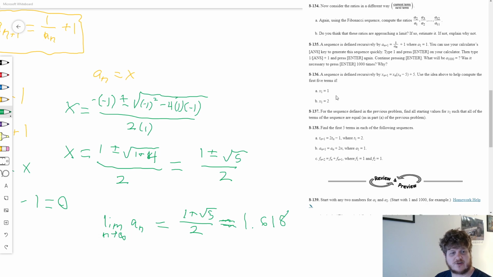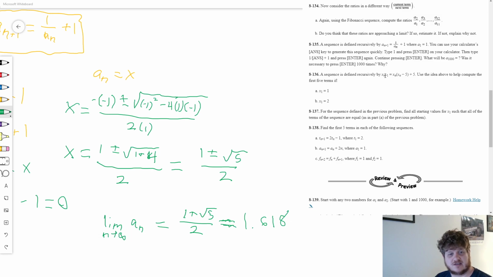And then you're going to do a little bit more work with some recursive functions, 1-36, below that 1-37 and 1-38, where you're looking at ideas of recursive definitions of series.